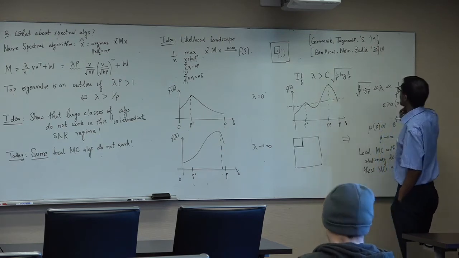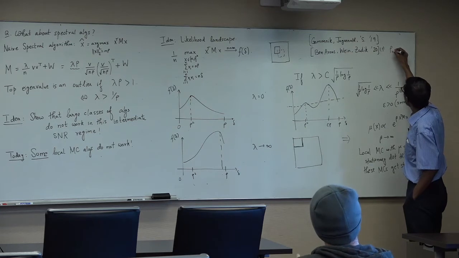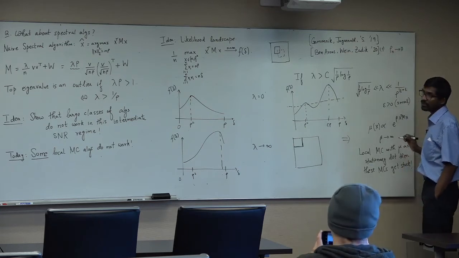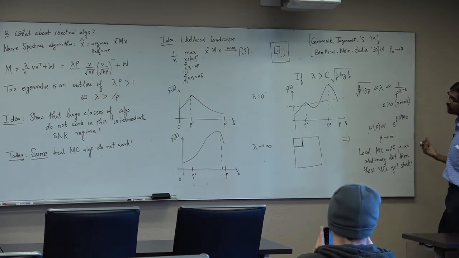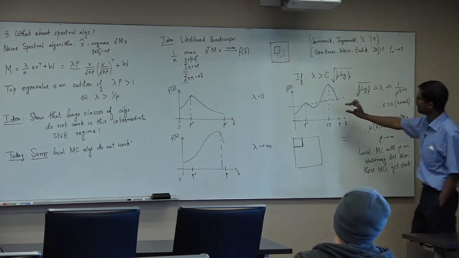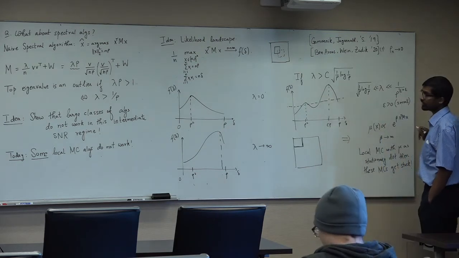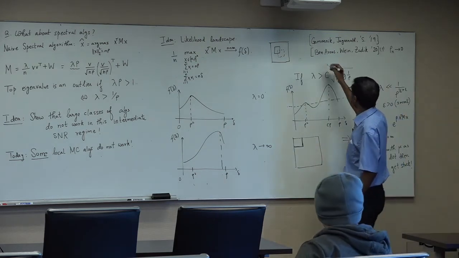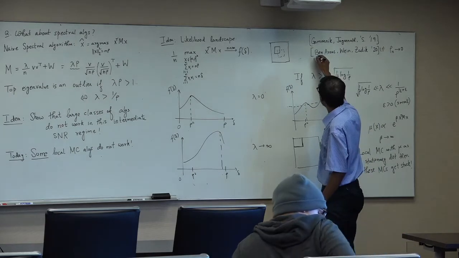The year I have to check, but they looked at the case when rho_n goes to 0 as a function of n, and they have finer results about the Markov chain as well. So they really relate how long it takes the Markov chain to the depth of this dip and things like that.